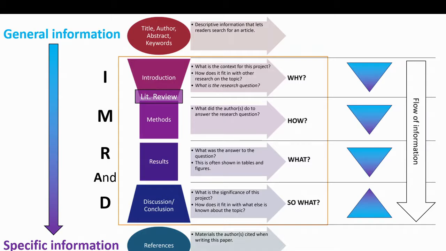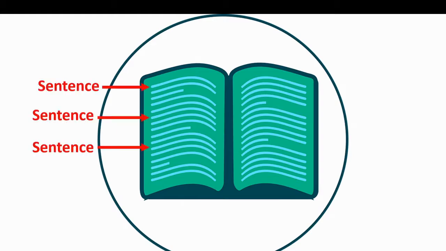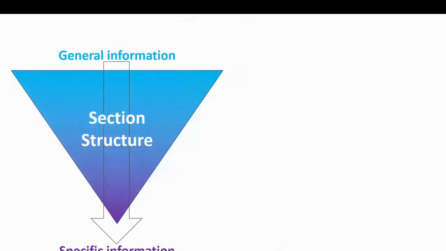And I think that this funnel visualization is very powerful for us because it helps us to understand how we not only structure across an entire document, but that we recognize that entire documents are made up of individual sentences that form paragraphs. And all of these, both sentences and paragraphs, as well as sections across our entire manuscript, are going to follow this general to specific information flow.